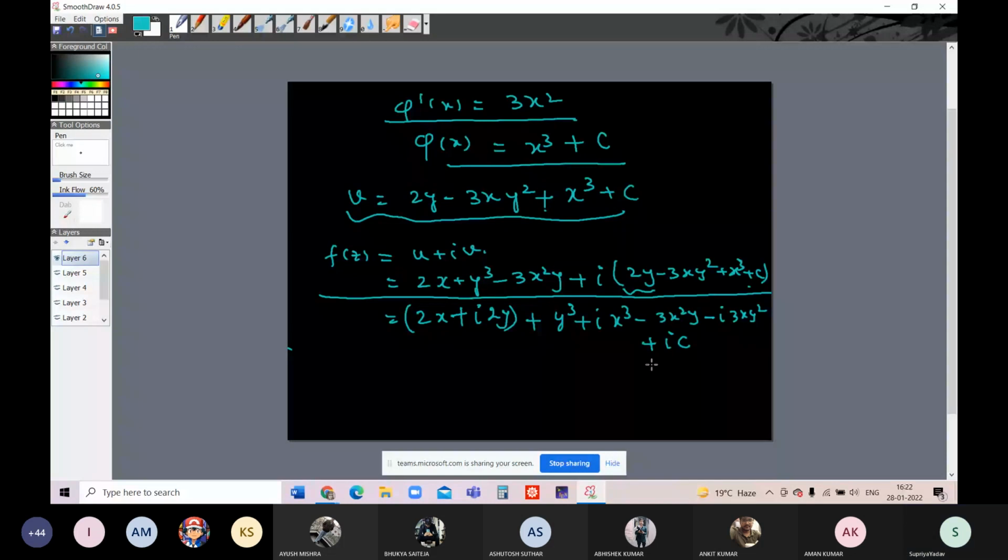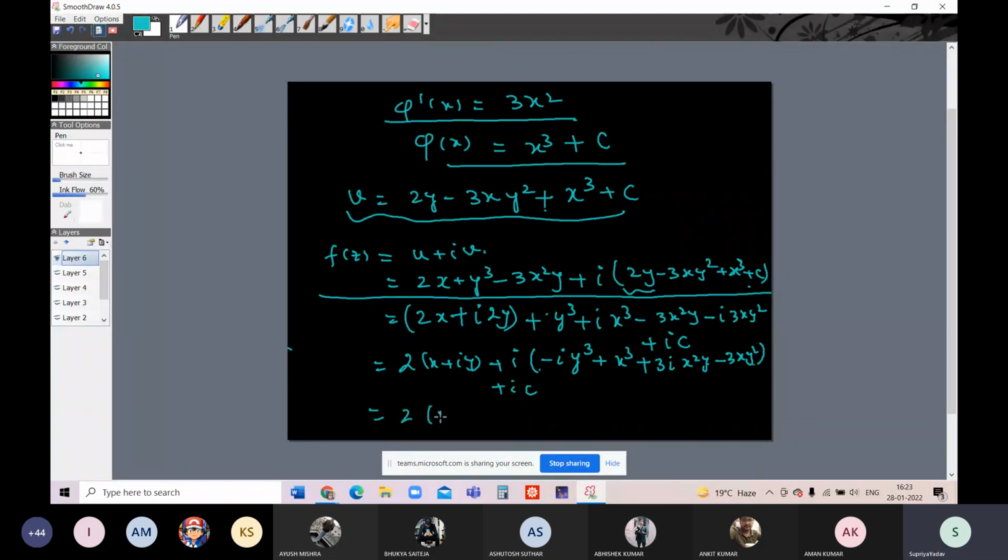So if we want to take this i common with the y term, this will be x plus iy, i into minus i y cube plus x cube, and this will be plus 3i x square y minus 3x y square, yes 3x y square, plus i c.